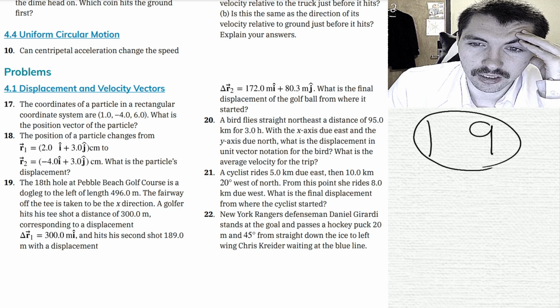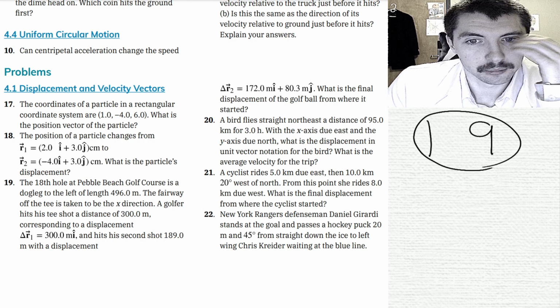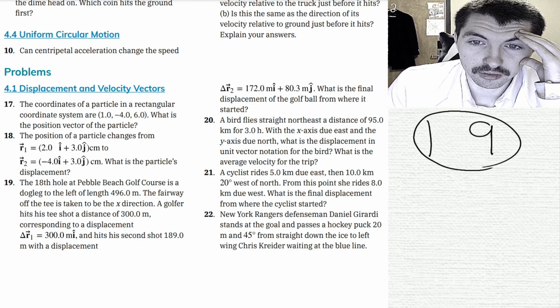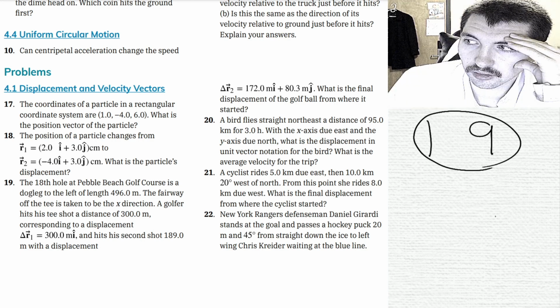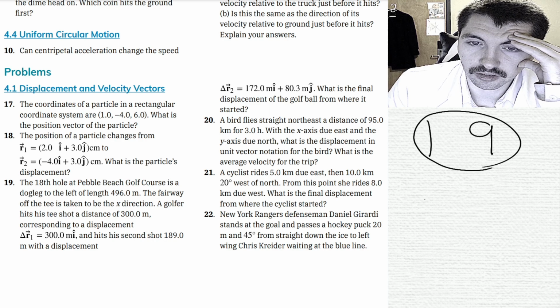A bird flies northeast at a distance. A bird flies straight northeast, so 45 degrees. Okay. At a distance of 95 kilometers for 3 hours.